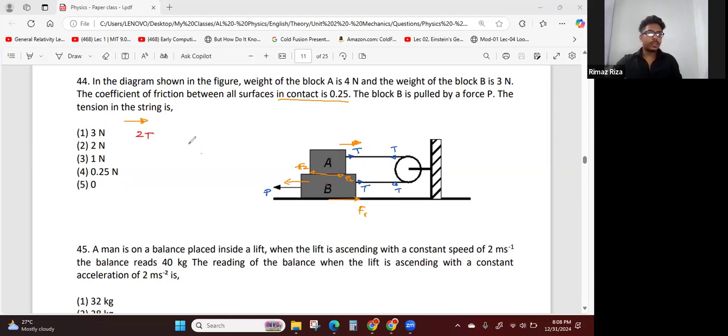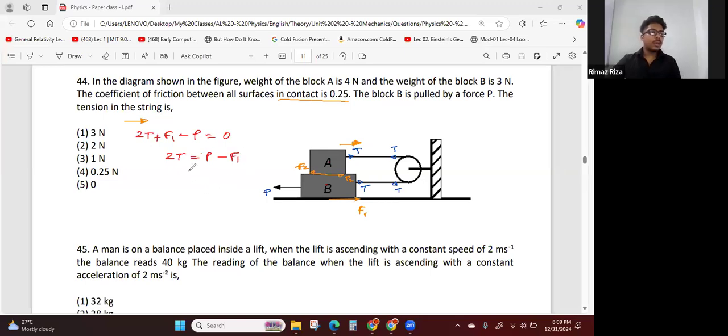And in the opposite direction, this F1 is also there, plus F1. And then to the left, we have only P. So 2P minus P equals, if it's in equilibrium, the net force is 0. Therefore, we can get that 2P equals P minus F1.